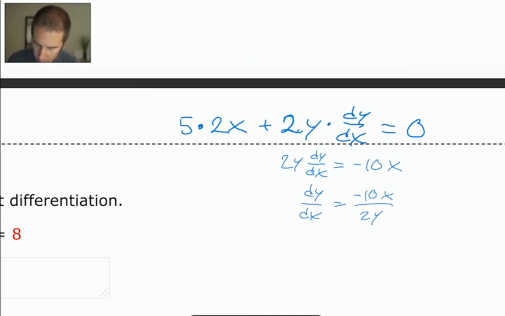And then we can simplify that expression a little bit, reducing by a factor of 2. So that is what you used to think of as f prime, or the first derivative of your function. Now it's dy dx once. Now we want to find dy dx again, so that'll be our second derivative.